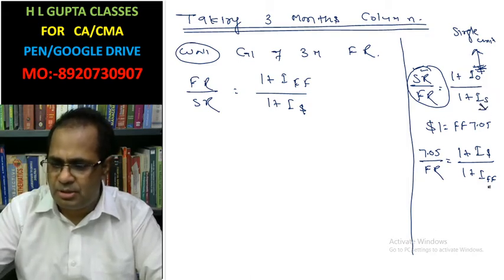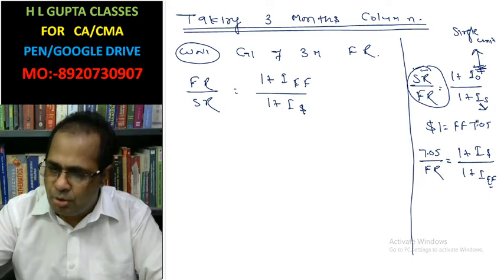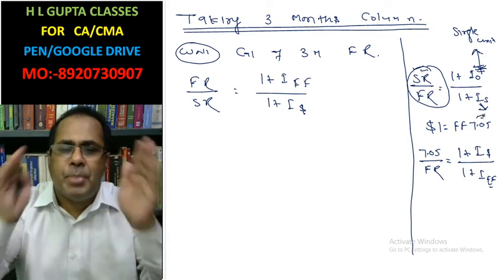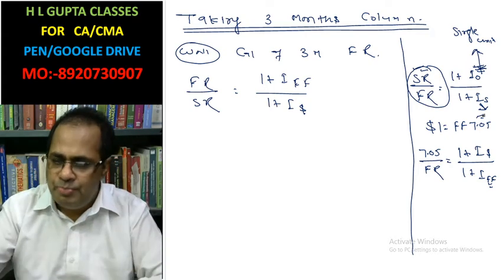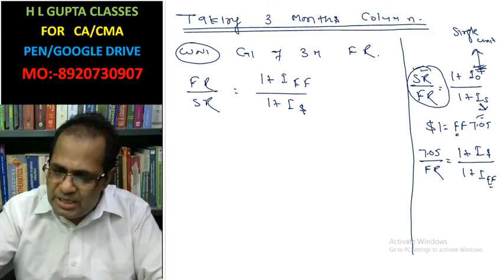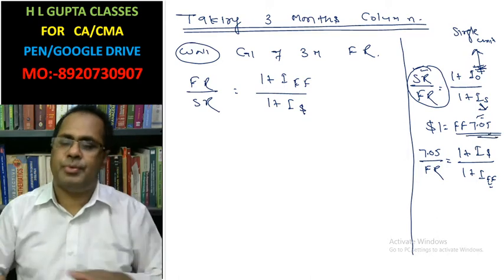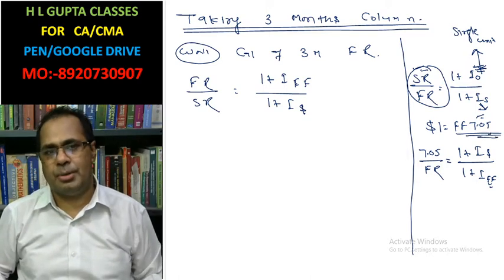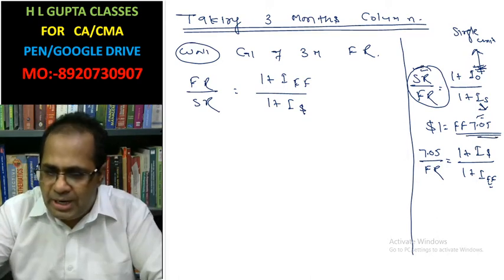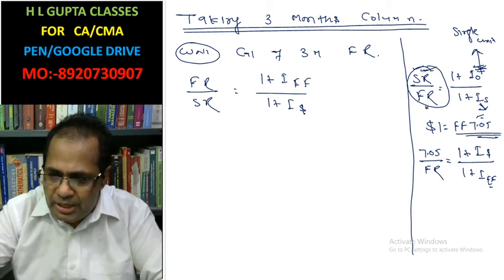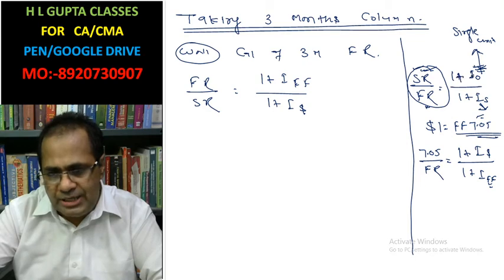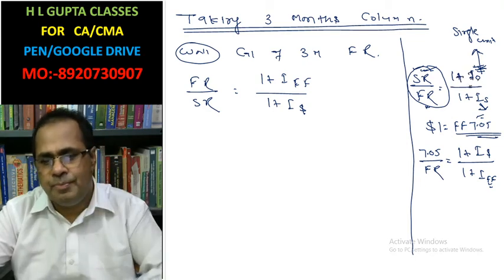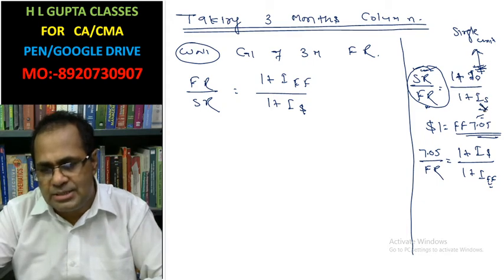That's why the French franc is given here, because French franc is the number of unit. In $1 you are going to receive French franc 7.05. That's why whenever you write spot rate upon forward rate, you write 1 plus interest rate of the currency which is single unit, and 1 plus interest rate of the currency which is number of unit.